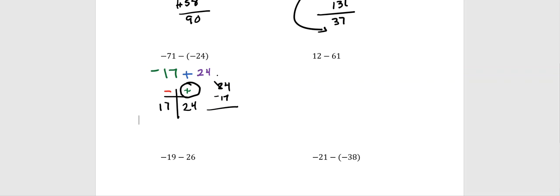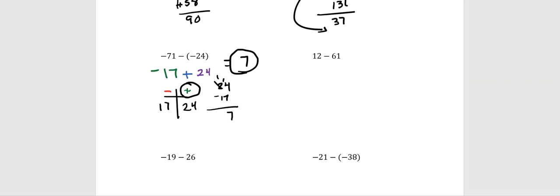So let's see, we'll carry. 14 minus 7 is 7. 1 minus 1 is 0. One more time, we know our answer is positive, so we know negative 71 minus negative 24, rewritten with keep change opposite as the addition problem, negative 17 plus 24, and using the scoreboard appropriately gives me an answer of 7.